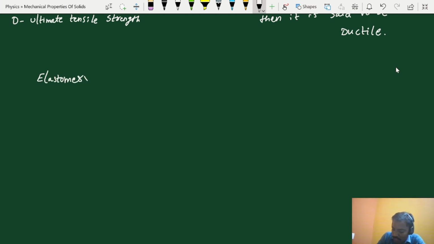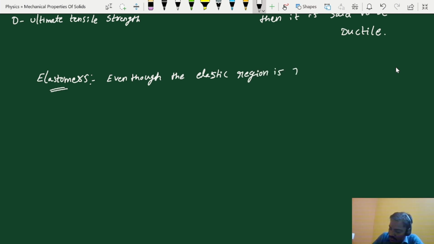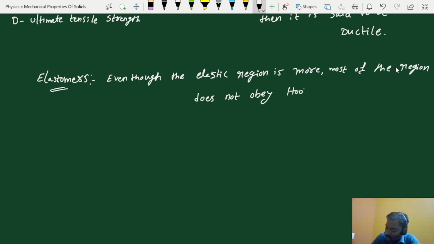Elastomers are nothing but, even though the elastic region is more, most of the region does not obey Hooke's law. Example, tissue of aorta and rubber.